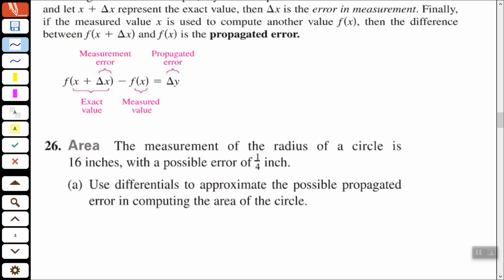All right, so number 26, we have the measurement of the radius of a circle is 16 inches with a possible error of 1/4 of an inch.